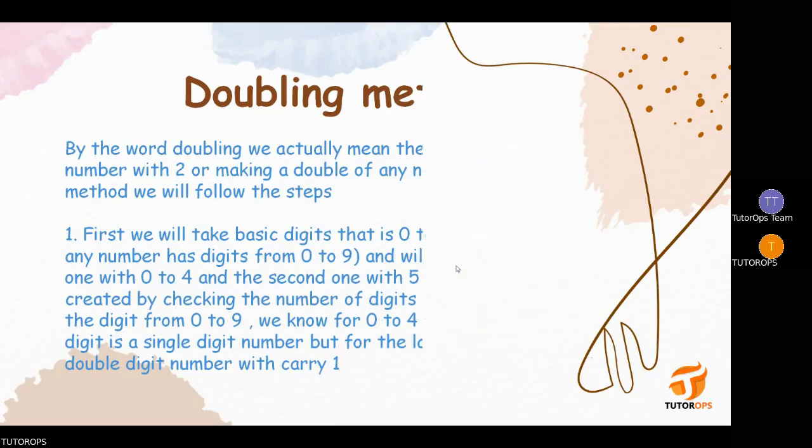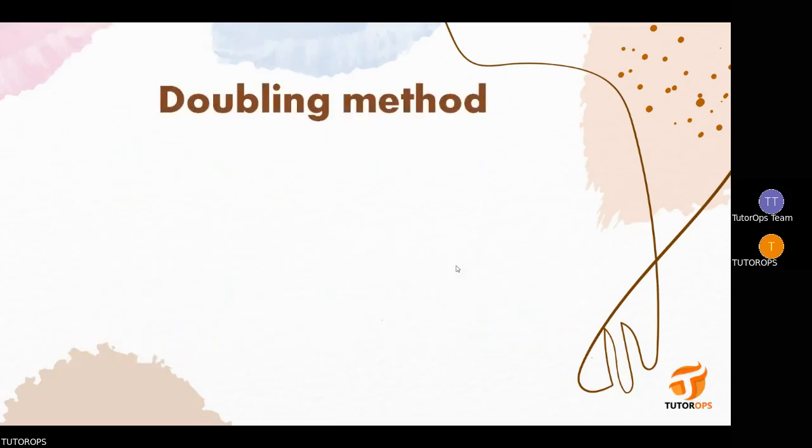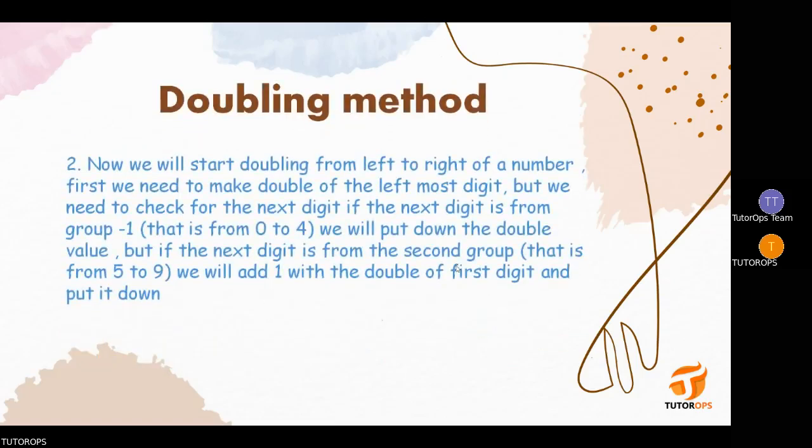Now, what is the doubling method for more than one digit? Now we will start doubling from left to right of a number. Remember, usually we do it from right to left, but in Vedic mathematics, we are doing it from left to right. First, we need to make double of the leftmost digit, but we need to check for the next digit, that is the second digit.